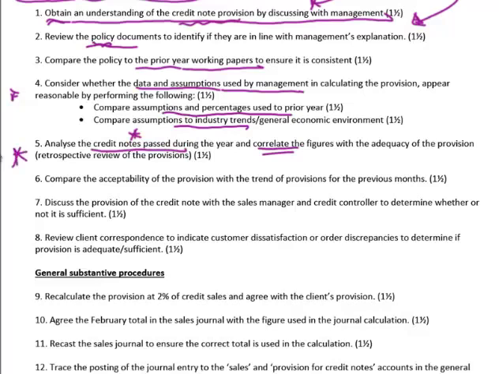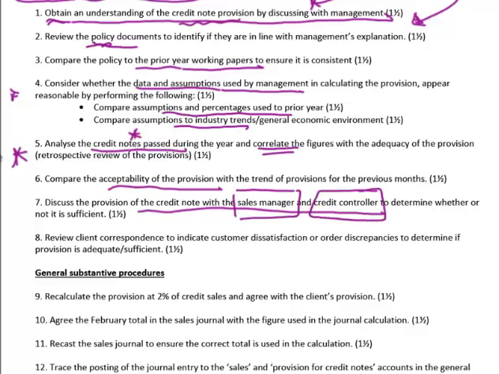Number six, we could compare the acceptability of this provision with the trend of provisions for the previous months. We could discuss the provision of the credit note with the sales manager and the credit controller to determine whether or not it is sufficient. Generally, those are the guys that are actually involved in the sales day-to-day.